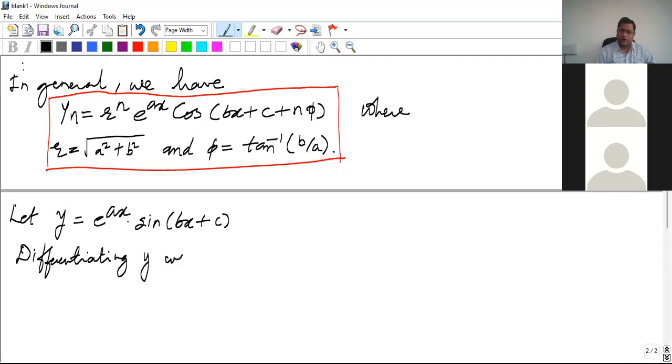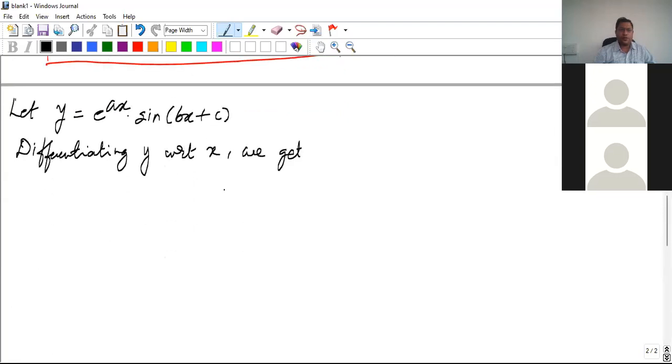Differentiating y with respect to x, what are we able to get here? Again we have to use the u into v rule. So y1 is equal to a e raised to ax, and this sine of bx plus c remains as it is, plus this e raised to ax remains as it is, and the derivative of sine is going to be cosine, so cos of bx plus c.